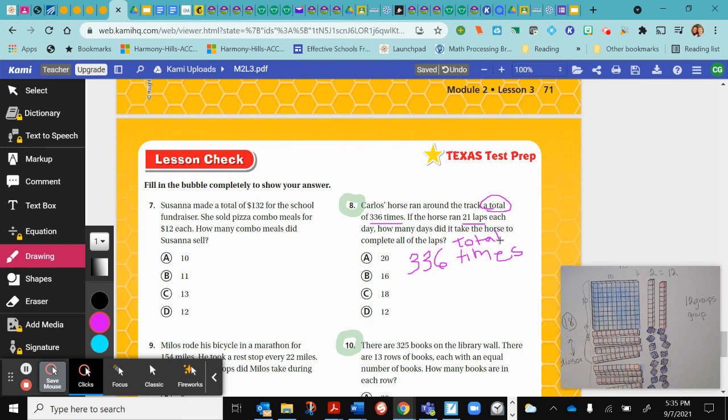And so if this horse ran 21 laps each day, how many days did it take the horse to complete all of the laps? So here you're going to divide that by 21. Again, you may use your base 10 blocks, or you can use your standard algorithm division.